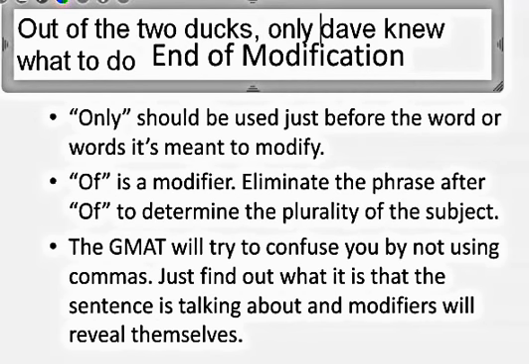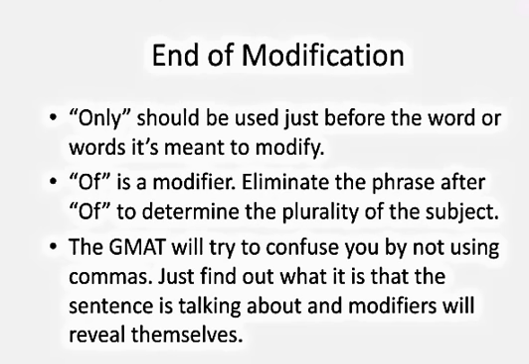So this is an example. Out of the two ducks, only Dave knew what to do. I don't know why you would name ducks. In any case, the second thing is, of is a modifier, and if you didn't know that, now you know.